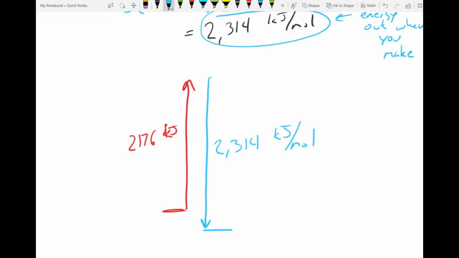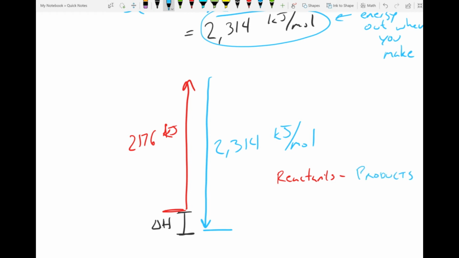And in fact, if you really want to understand what change in enthalpy is, this difference from start point to end point is going to be your enthalpy. Which means the entire idea would be to take the energy of your reactants and then subtract from that the energy of your products.